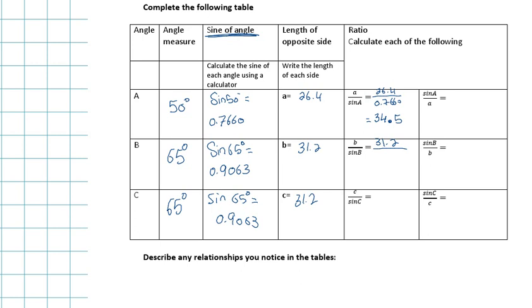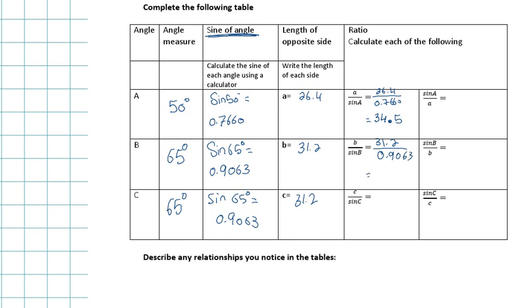If I do 31.2 divided by 0.9063, I did not get 34.6.